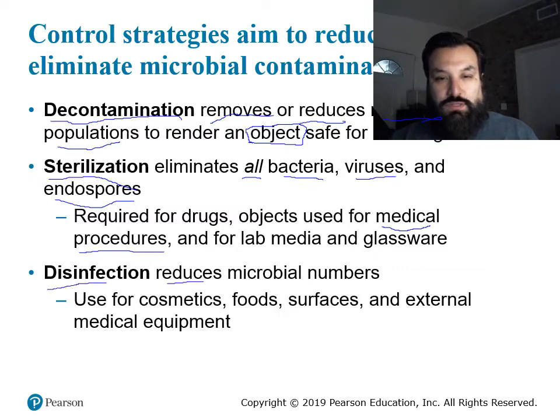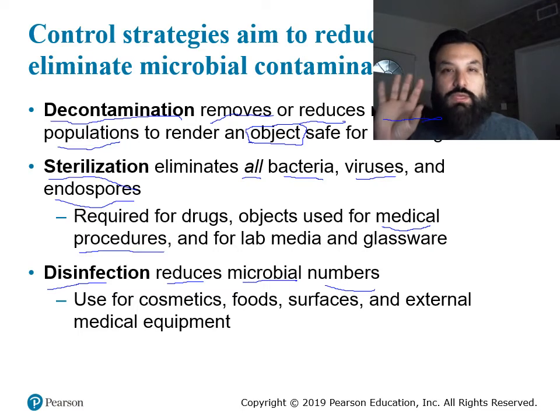Disinfection actually reduces the number of microbes in an area, right? Okay, so what's the difference between decontamination and disinfection? Pretty much the same, with the exception that decontamination is really used for an object, reducing or removing populations.